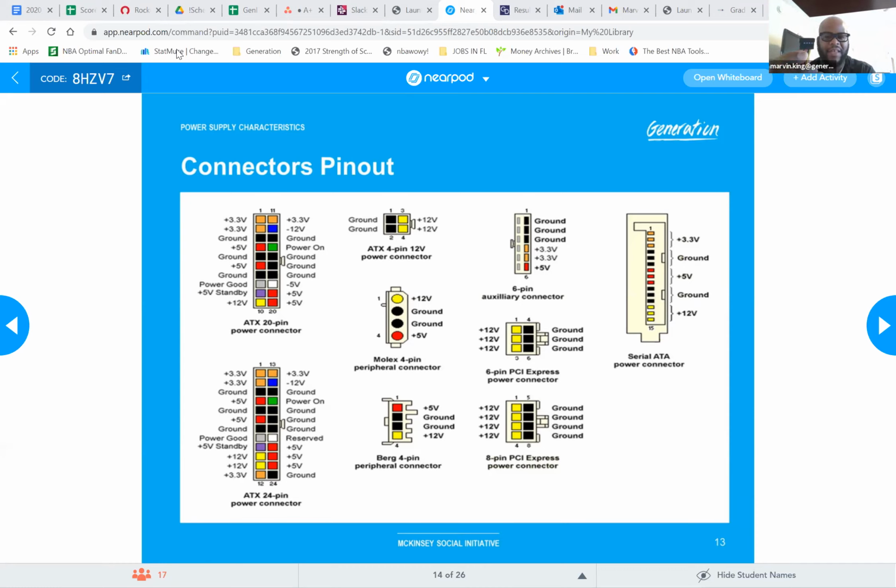So it's able to identify that I can pull that 12 or that 5 through an adapter that I can use as a Molex if I need to, or I'm going to use it as SATA. That's what I was going to try to show you. So the power supply is very smart. It can identify those things through communication with the connector through the device. And like Kelly said, to piggyback on that, it's very good information to understand, but not something that you'll see on the test, on the certification.